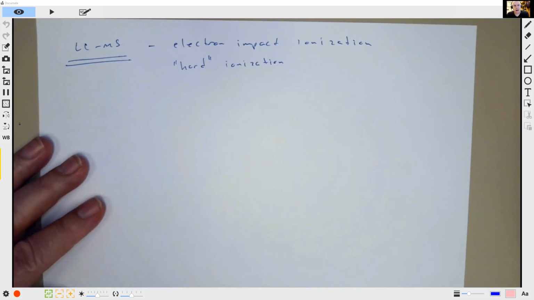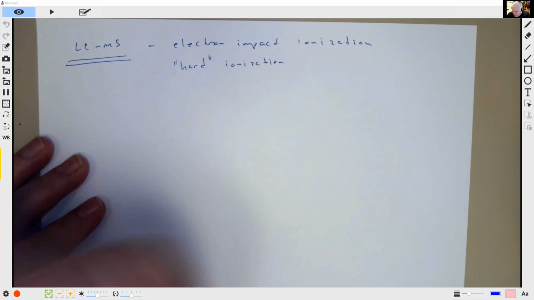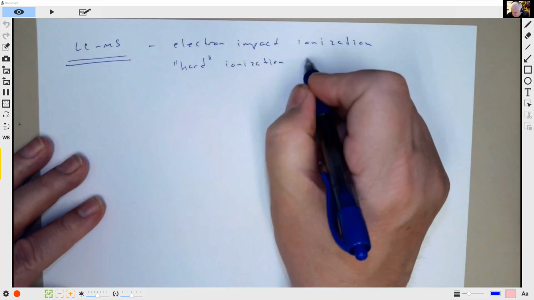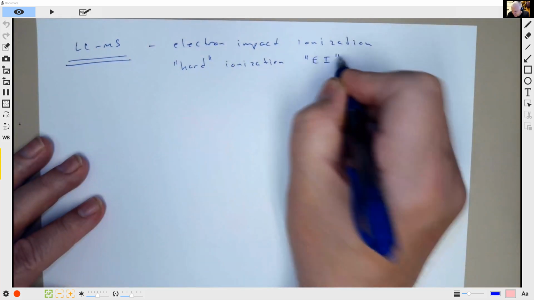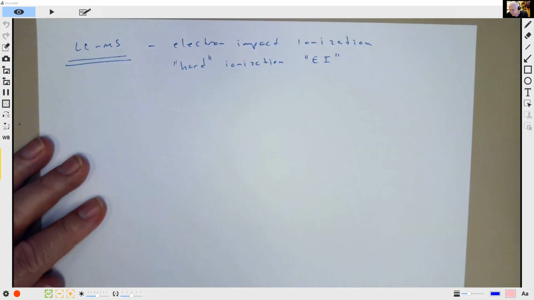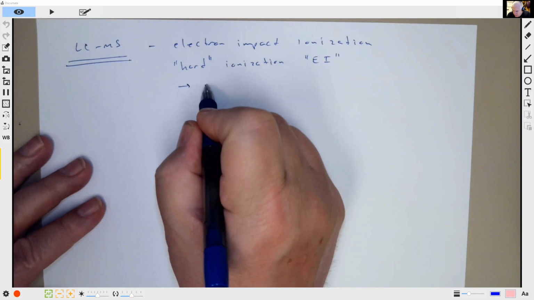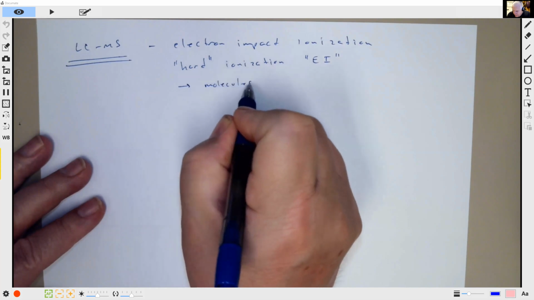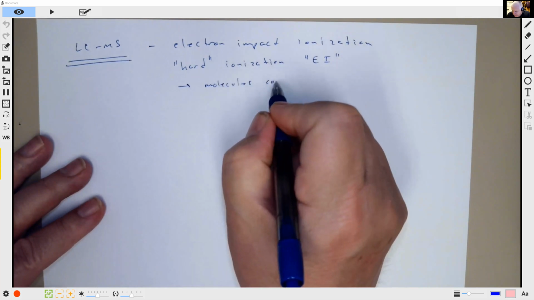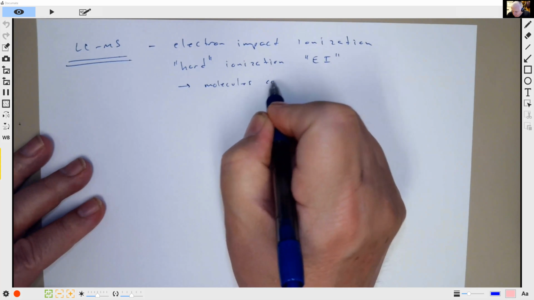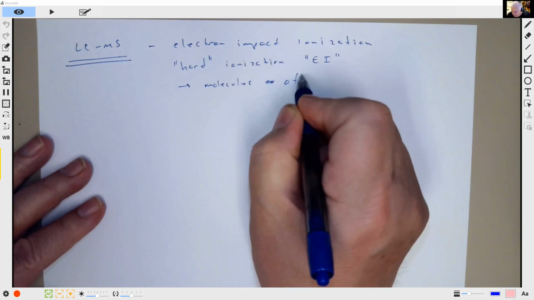In EI, the molecules come out as fragments, let's say they're often fragmented.